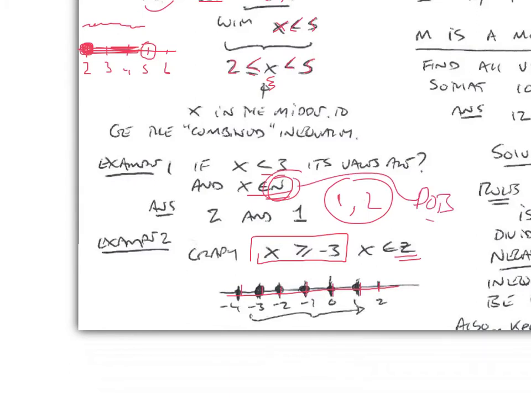And x is greater than or equal to minus 3. There's a dot there. Greater than, greater than, greater than, and we could keep going on forever and ever. Okay, that's the inequality. X is greater than or equal to minus 3, where x is an integer.